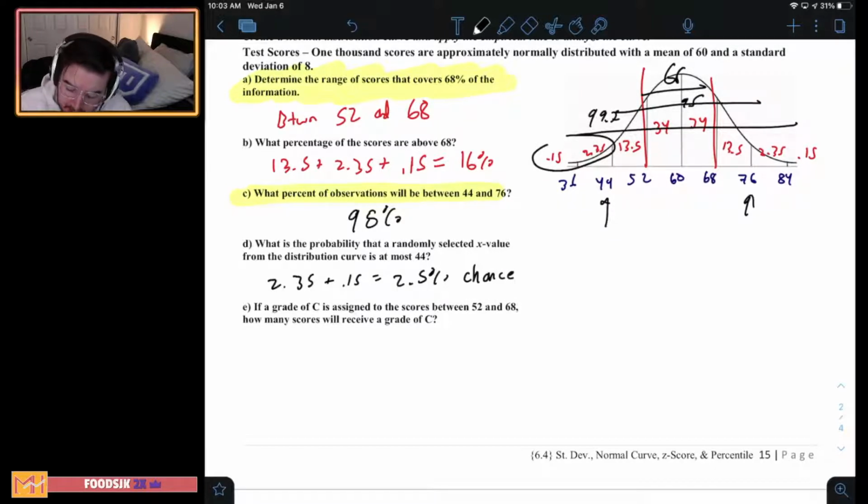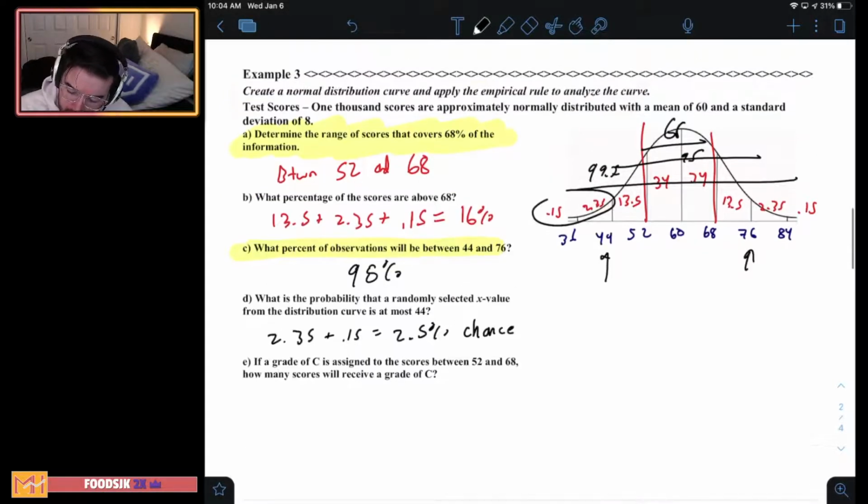If a grade of C is assigned to scores, have you ever heard of curving a test? Curving a test does not mean giving everyone bonus points. It means that you look at a curve like this, and the highest grade practically was an 84.